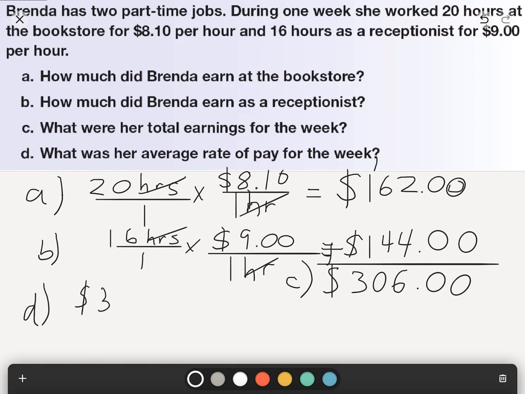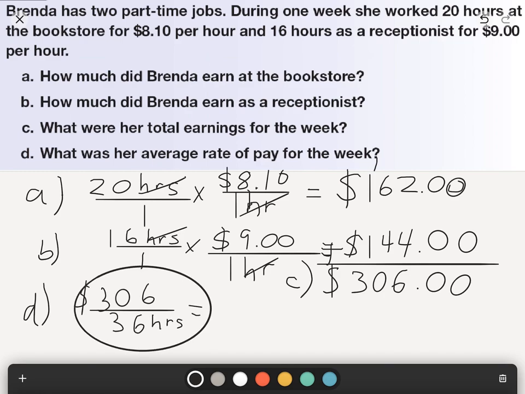So 306. I'm not going to add the zeros at the end like the book did. And 36 hours. And so it would be equal to. So guess what I need to do with these two numbers? Divide! Where'd you get the 36 from? 36 hours. Okay. 20 hours plus 16 hours.